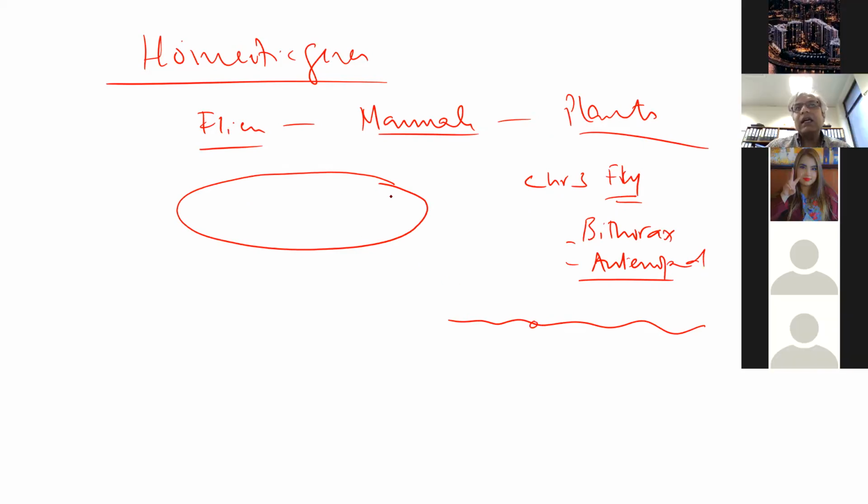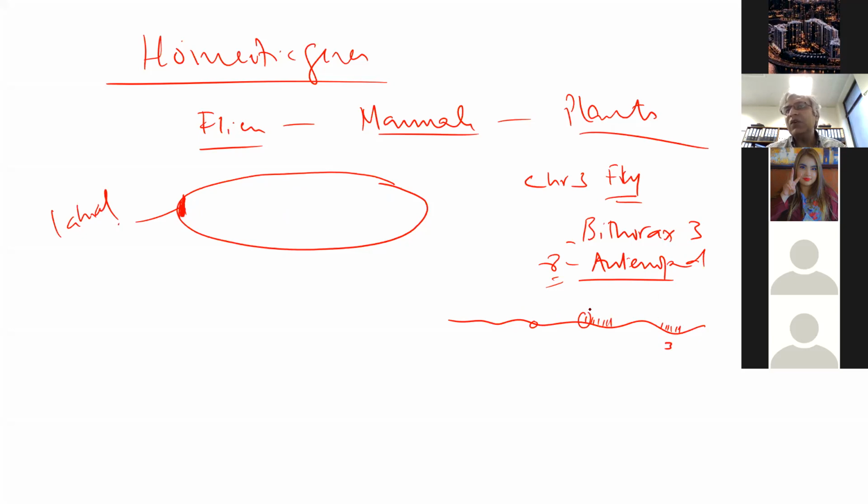Let's say this is antennapedia and this is bithorax complex genes. There are 3 genes in the bithorax complex and 8 genes in the antennapedia complex. They go like this. The first gene, labial, if you stain, is expressed right in the most anterior part.